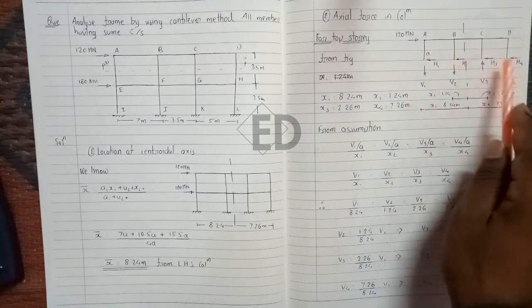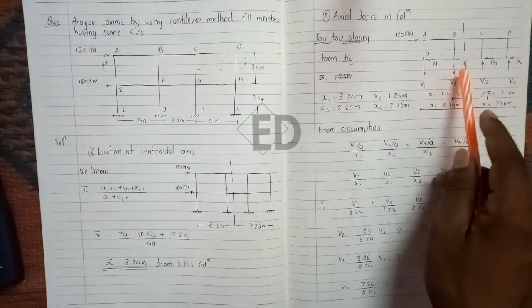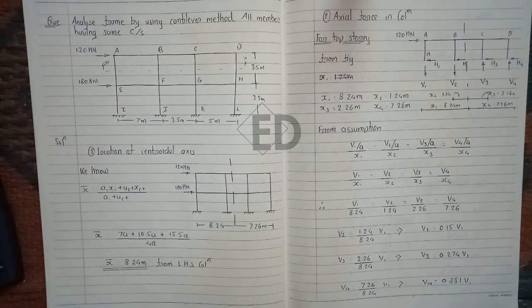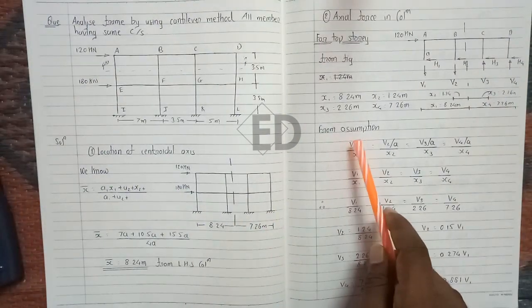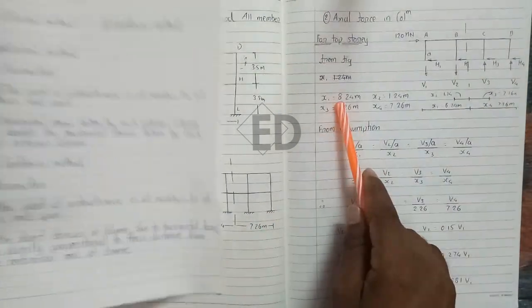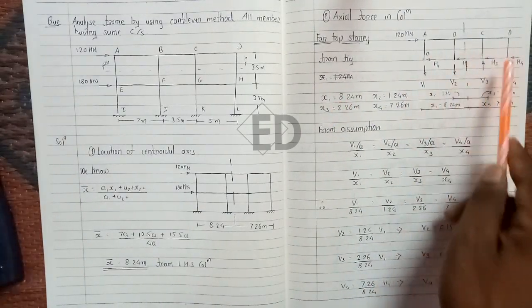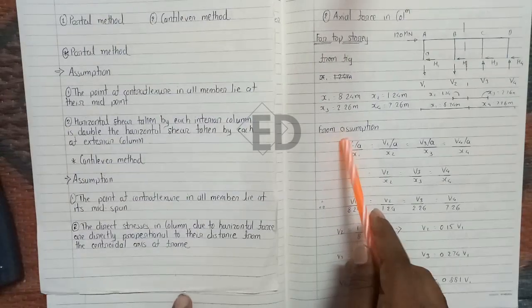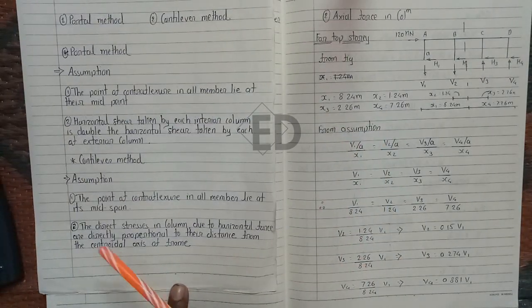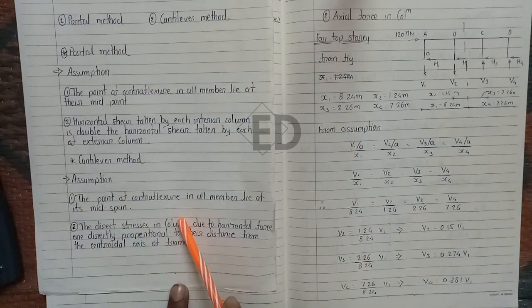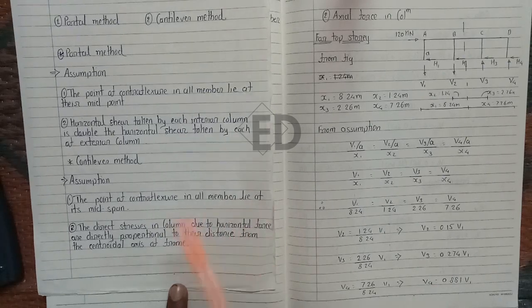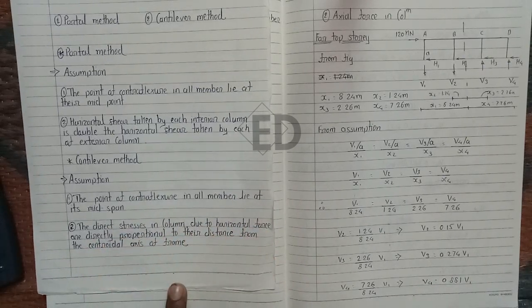This is the shear taken by the column and this is the axial force. This is the distance of the column from the centroidal axis. From our second assumption, direct stresses in the column due to horizontal forces are directly proportional to their distances from the centroidal axis.